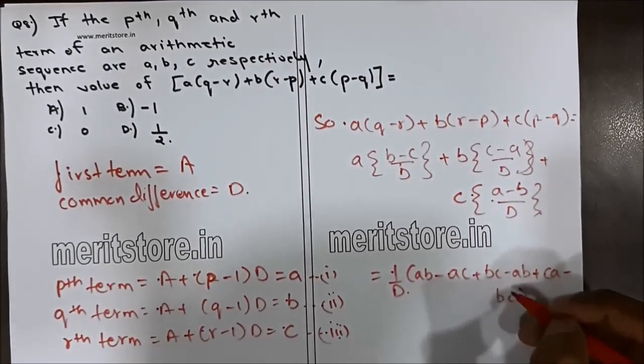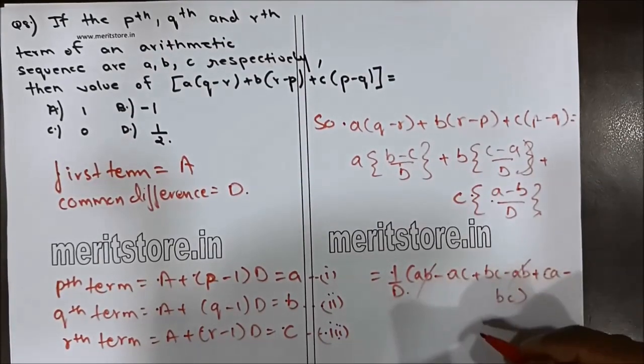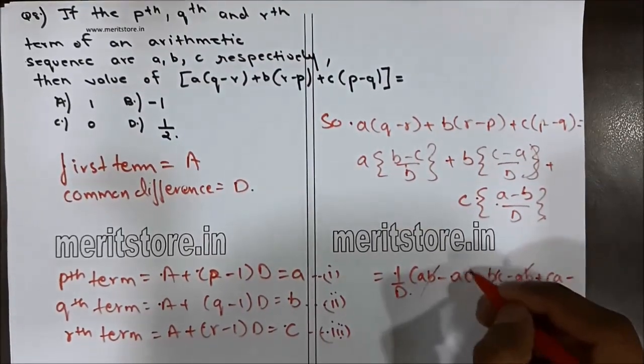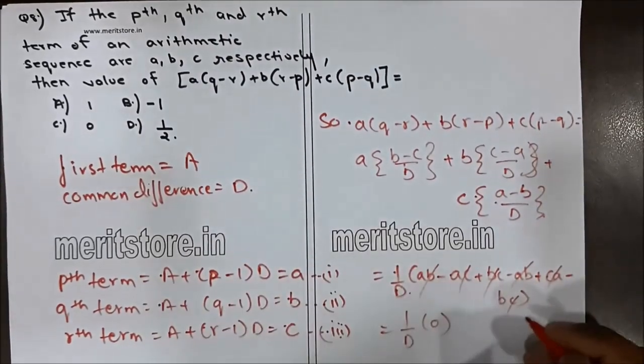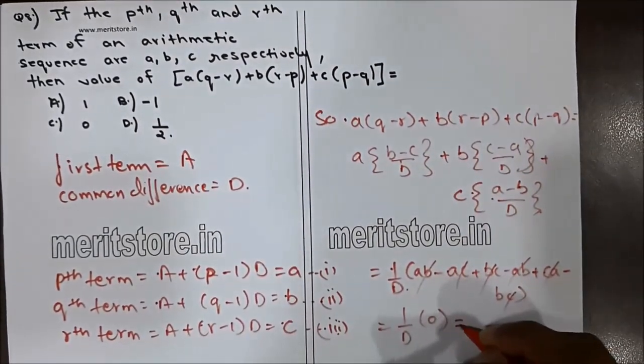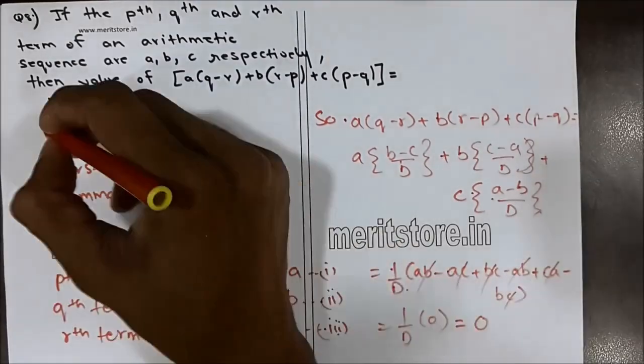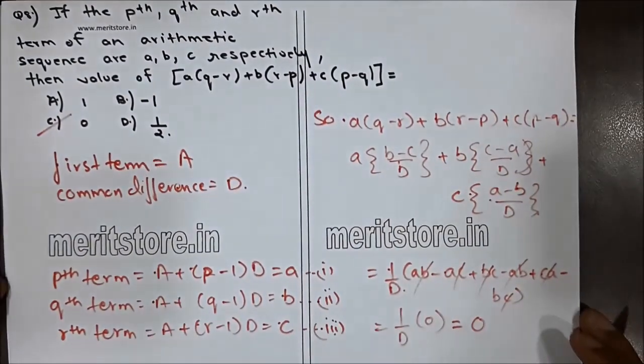If we see, all the terms get cancelled, that is ab, ab, bc, bc and ac and ca. Therefore, we are left with 1 by D into 0, which is equal to 0, which is our option C. Therefore, option C is the correct answer.